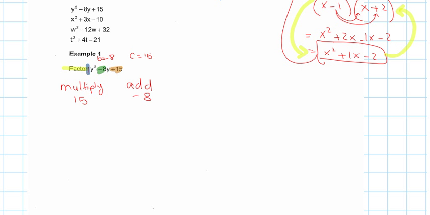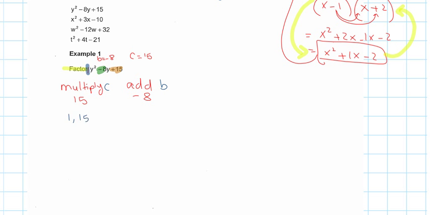So you have to give me two numbers that multiply to 15, and at the same time, they have to add to -8. So they always multiply to your C. So multiply to C and add to B. Okay, so what multiplies to 15? I don't have too many options. What multiplies to 15? 1 and 15.